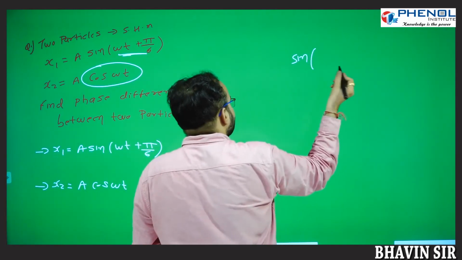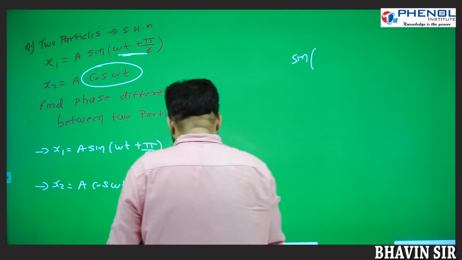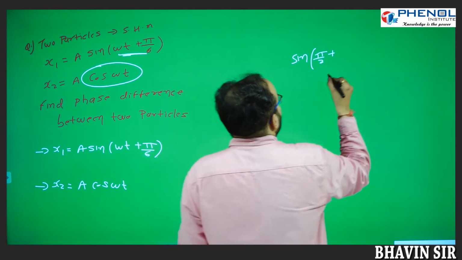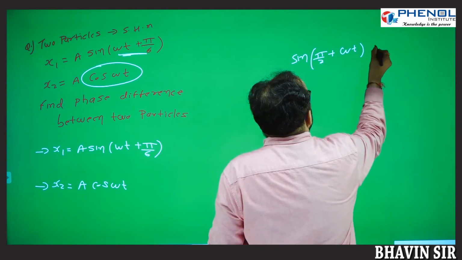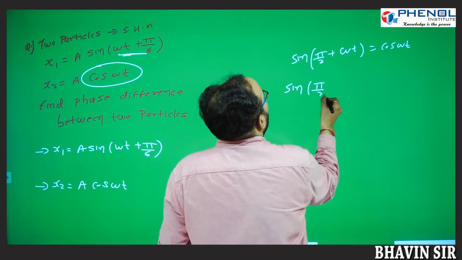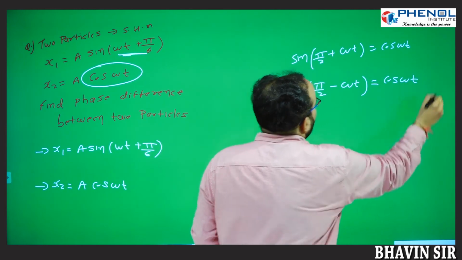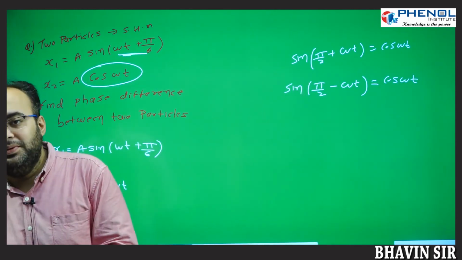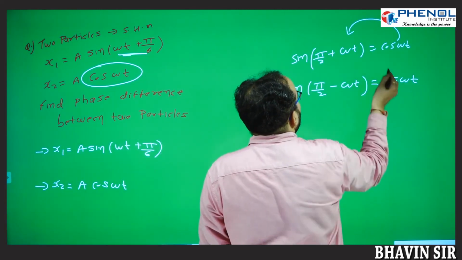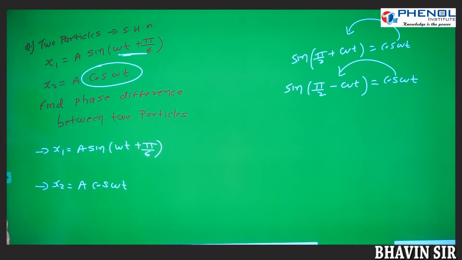Sin(pi by 2 plus theta) is cos theta, and sin(pi by 2 minus theta) is also cos theta. Here theta is omega t. So if we want to convert cos omega t into sine, we can use either pi by 2 plus theta or pi by 2 minus theta.